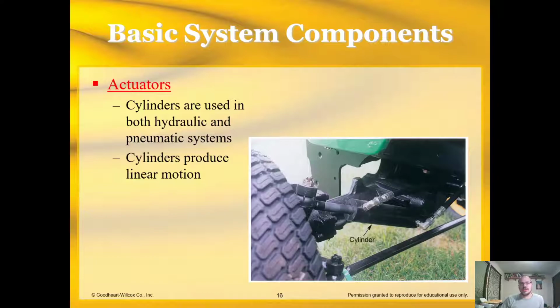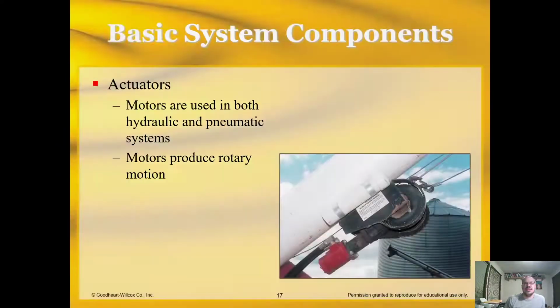Actuators. Actuators are typically what does the work, right? In this case, we have cylinders that are used for hydraulic and pneumatic systems, and you see these cylinders, linear motion devices here, used on a lot of different devices. In this case, it's for turning, but there are a lot of different devices that actually use this.